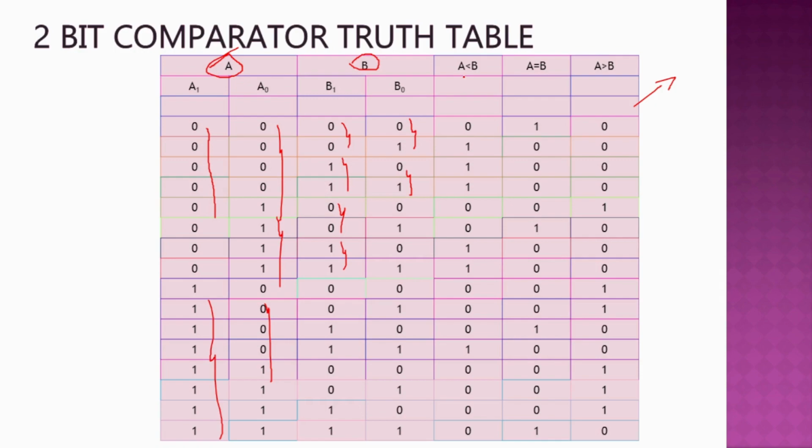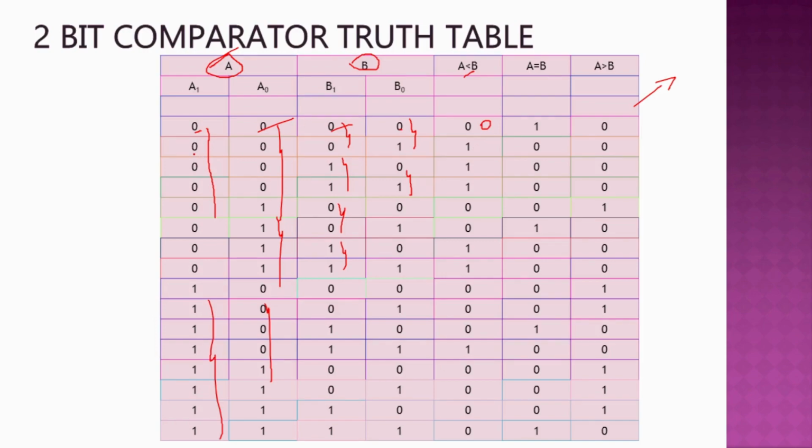First, the output is A less than B. Here consider A1 is 0, A0 is 0, B1 is 0, and B0 is 0. So the condition is false. If the condition is false, you need to fill the value as 0. If the condition is true, you need to fill the value as 1.